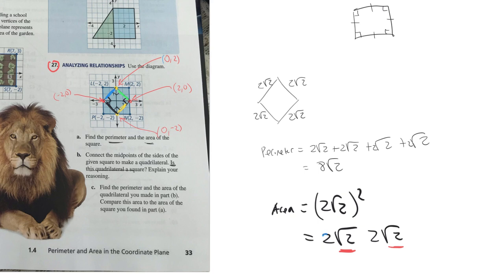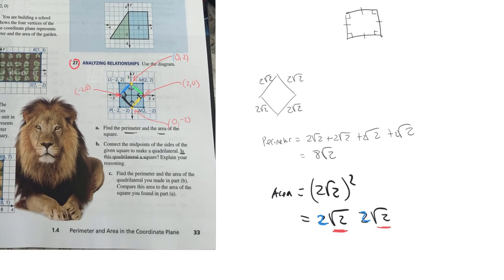We had already discussed that. And we also have these blue 2's. So the blue 2's are going to multiply to 4, and then the radical 2 times radical 2, as we discussed before, is just going to be a 2. So that's going to be 8. So that's the area of the smaller square, right?